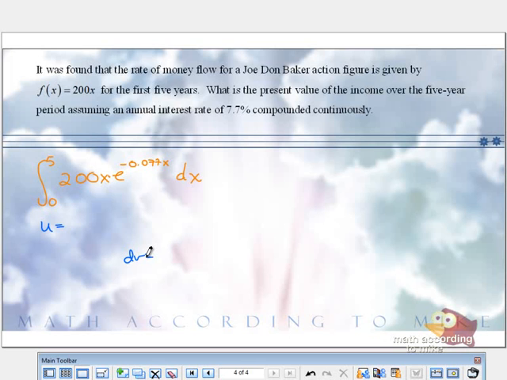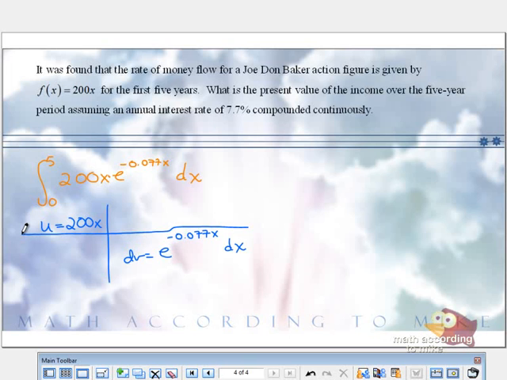So we'll have dv is e to the negative 0.077x dx. And then whatever's left over is your u. In this case, it'd be 200x. So u is something that's easy to differentiate. dv is something that's easy to integrate.